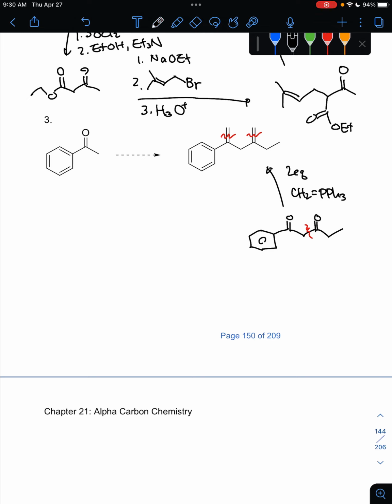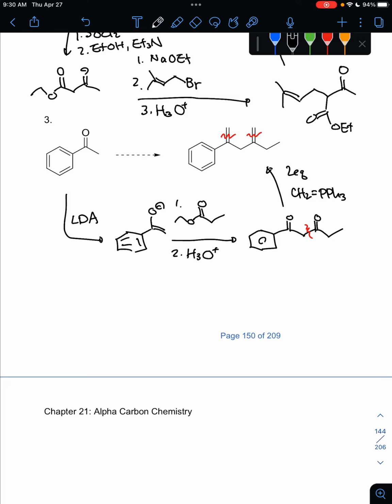Then we could envision making that from the enolate attacking an ester with 3 carbons in the carboxylate, and acid workup. That would do it. This is just a Claisen condensation, and to make that selectively we could do LDA deprotonation.